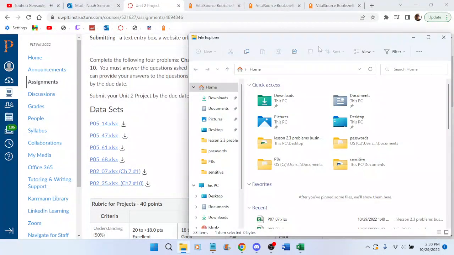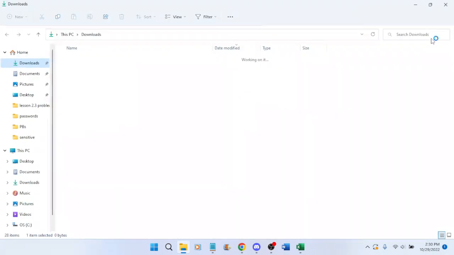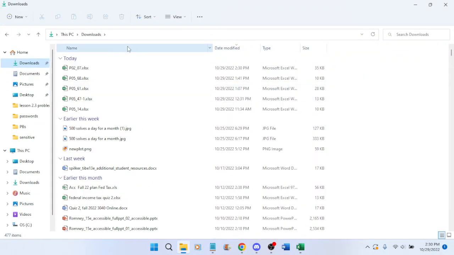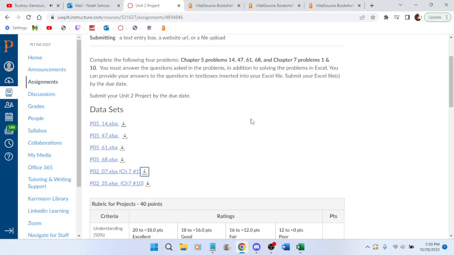Well, everything sucks, but yeah. I'm gonna rename that file. Should have renamed it before, but 7.1 instead. I need it to be named 7.1.